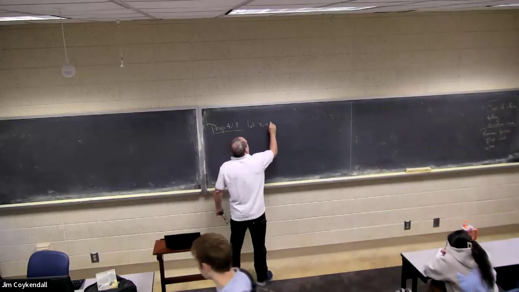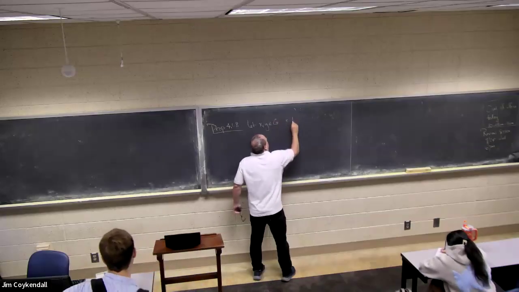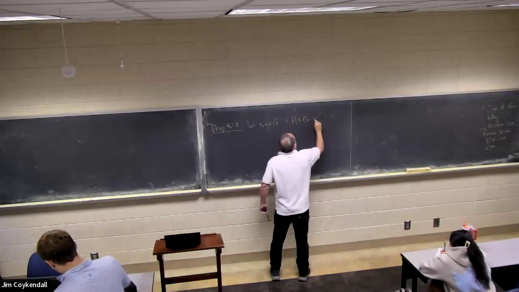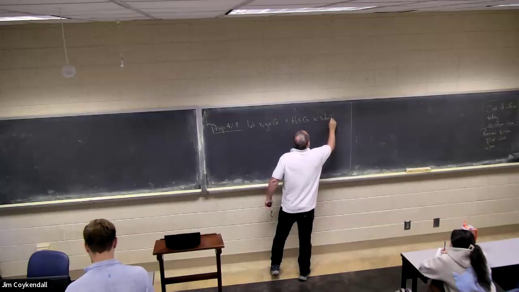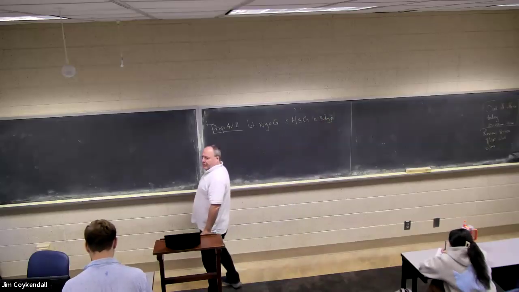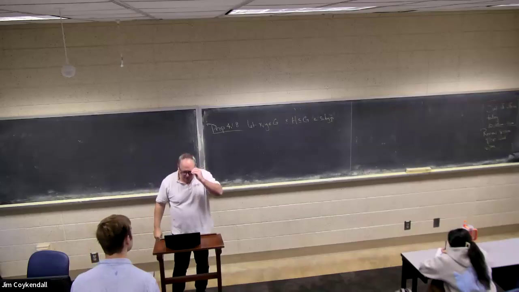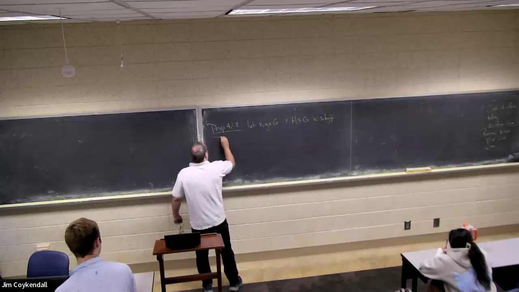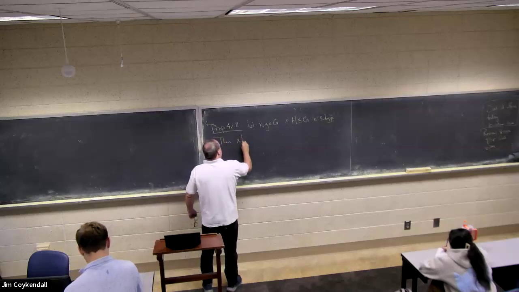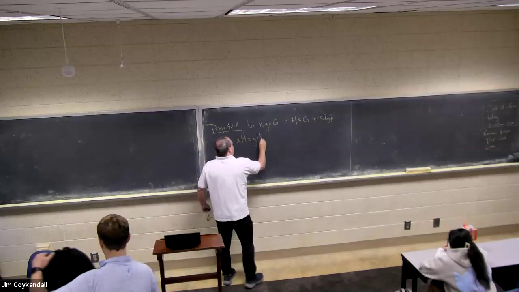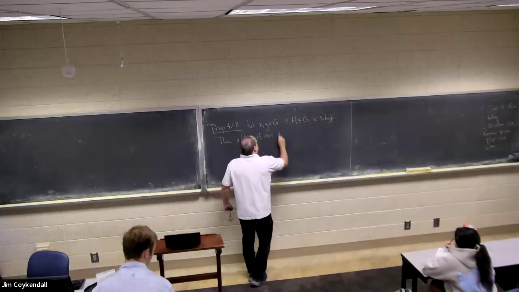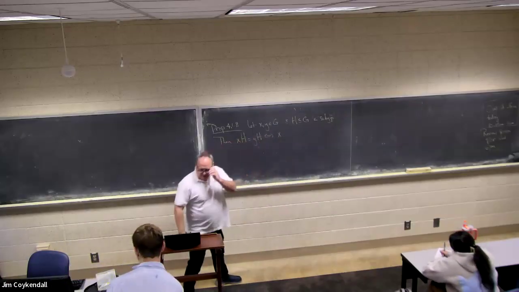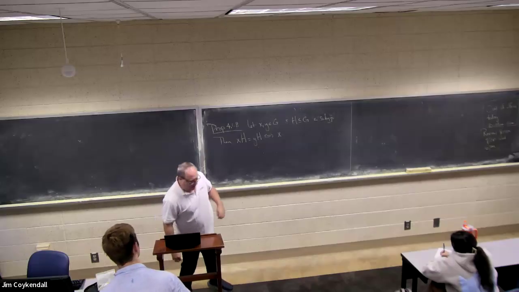Let G be a group and H a subgroup. So this is one way that you can tell if two cosets are the same coset. Start writing it down. XH equals YH if and only if X inverse Y is in H.